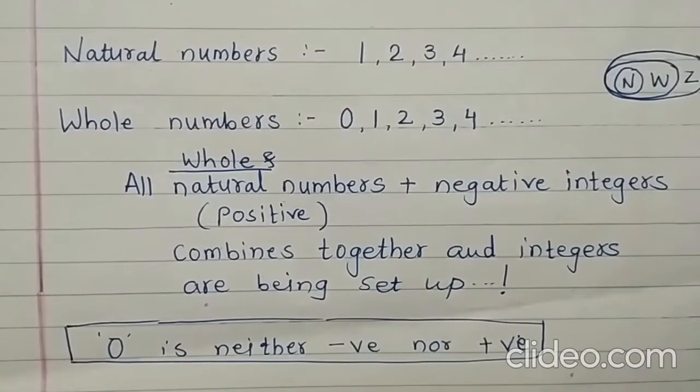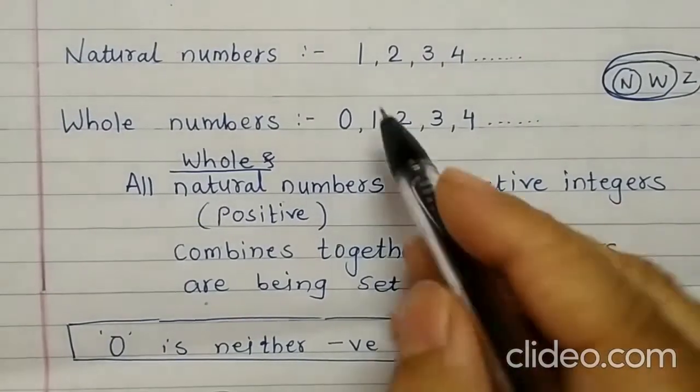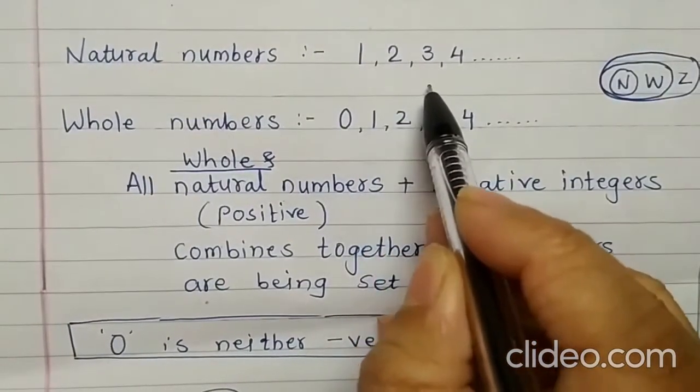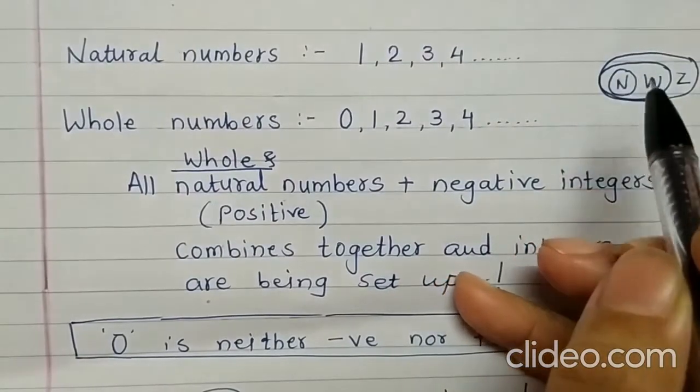Before that, let us see what an integer is. All whole numbers and natural numbers combine together to form integers. Do you remember what natural numbers are? Yes: 1, 2, 3, 4 and so on to infinity.